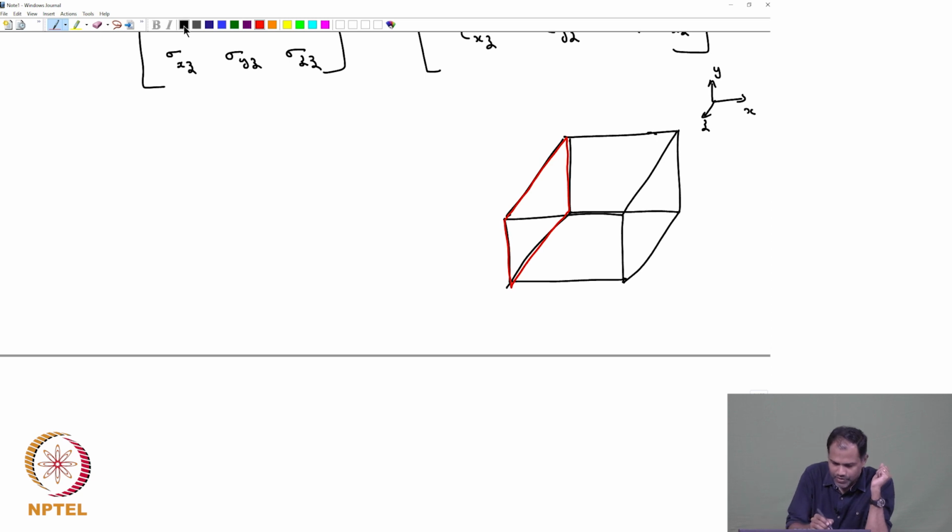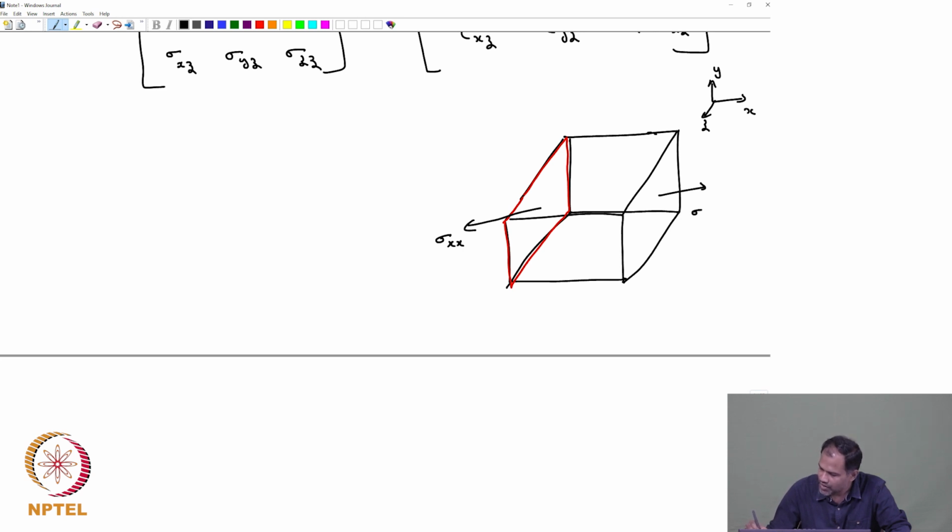So, there I have sigma xx. So, sigma xx is acting on that side.